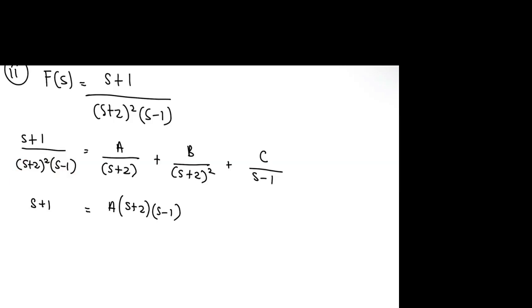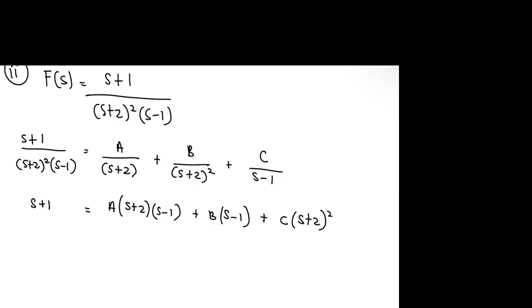S minus 1. So B needs to multiply with S minus 1. Plus C already has S minus 1, so C needs to multiply with S plus 2 square. A times S plus 2, S minus 1, B times S minus 1, C times S plus 2 square.